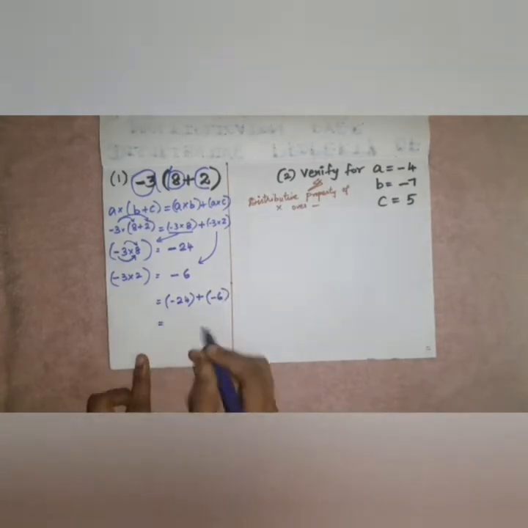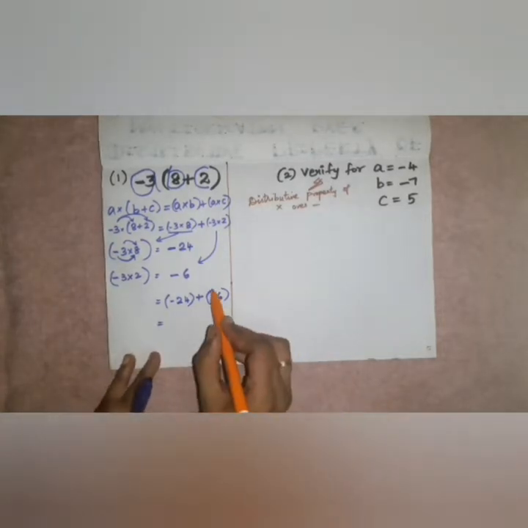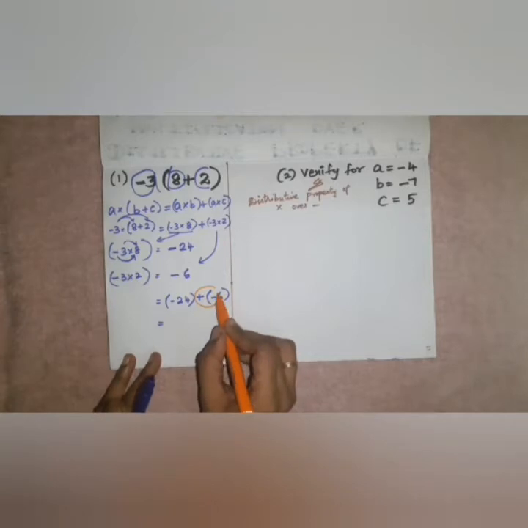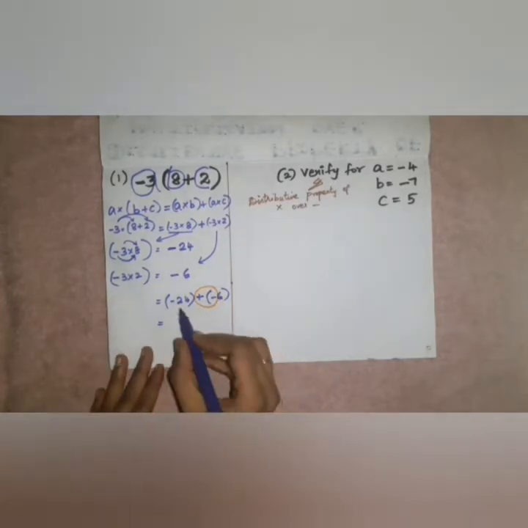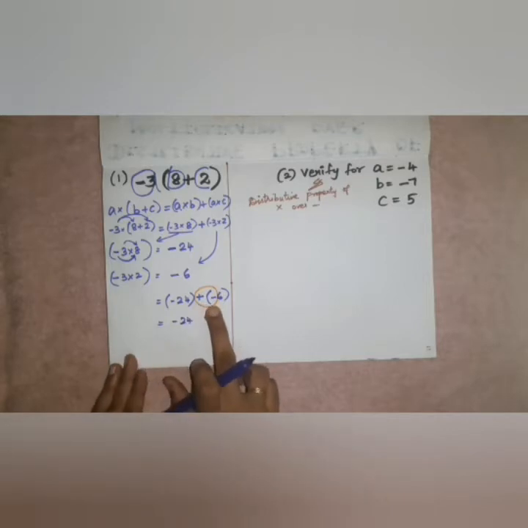So let's do the integer calculation again. We take out the brackets. There are two symbols, plus and minus, that we club together: minus 24 plus into minus 6.